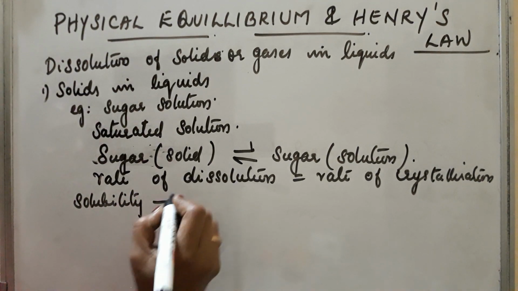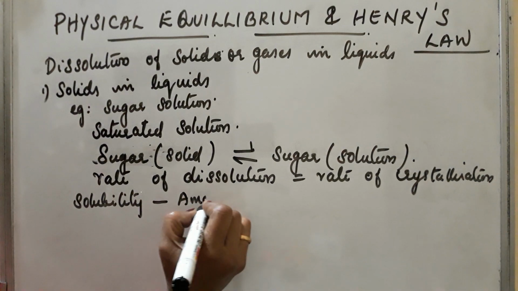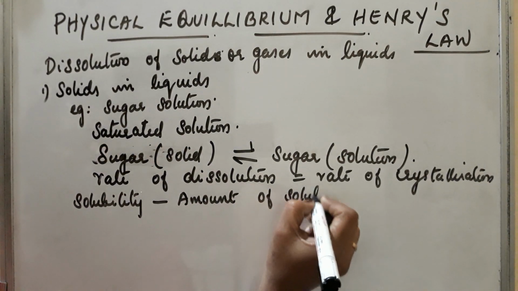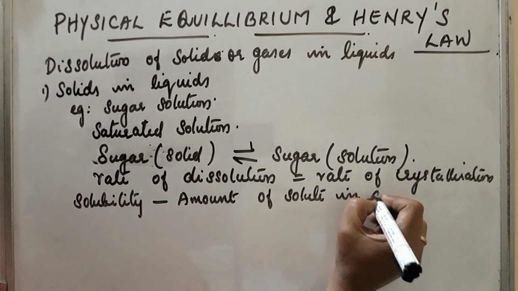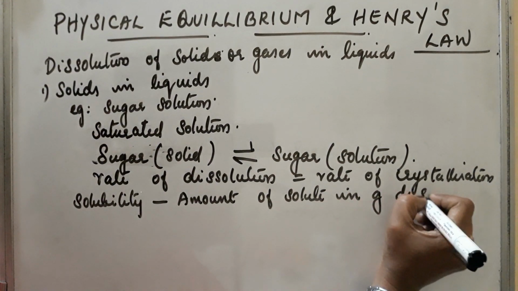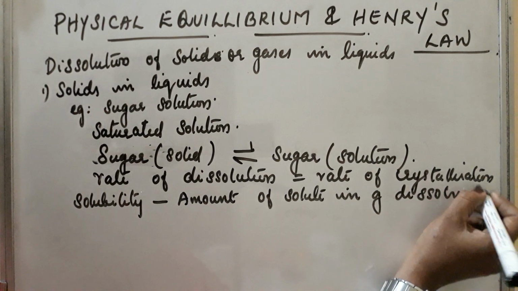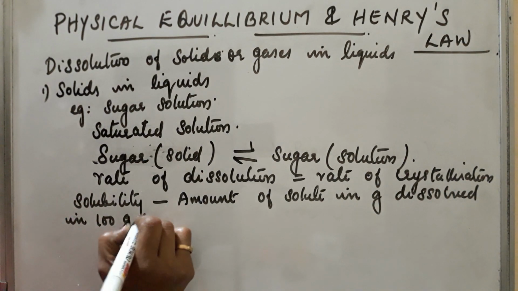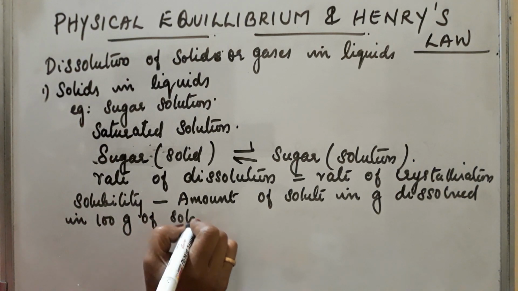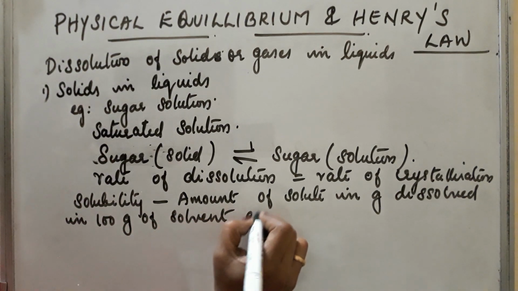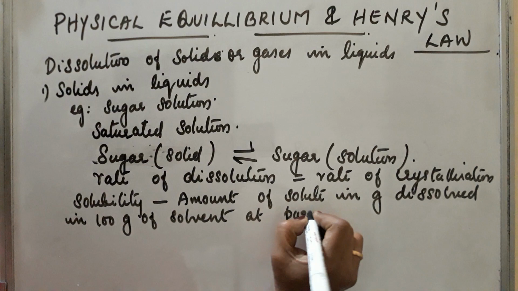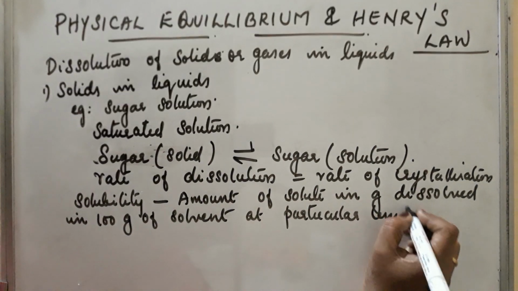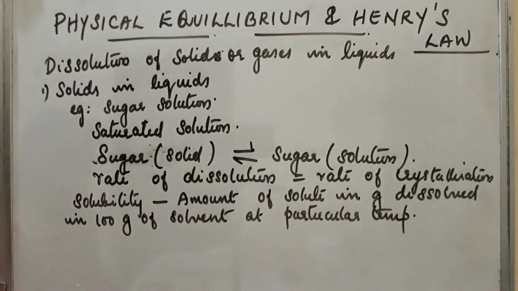Solubility means the amount of solute in grams dissolved in 100 grams of solvent at a particular temperature. It is called the solubility of the solute.